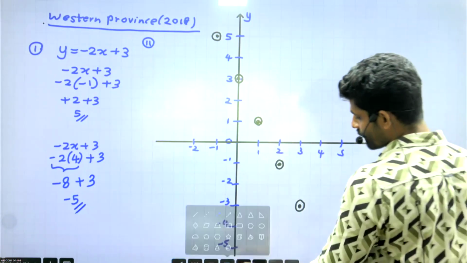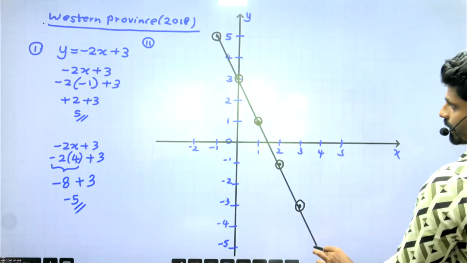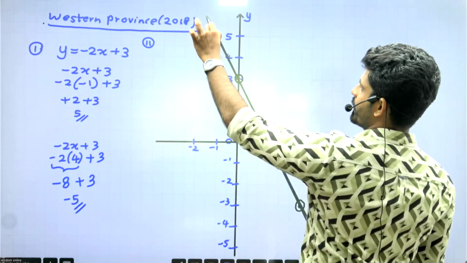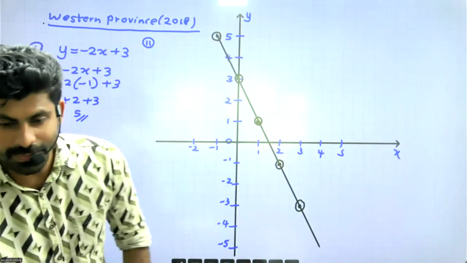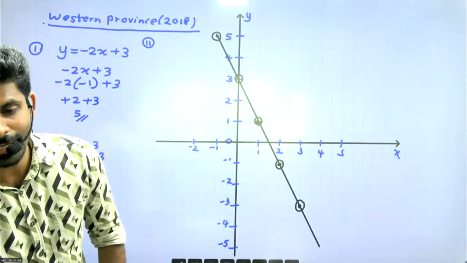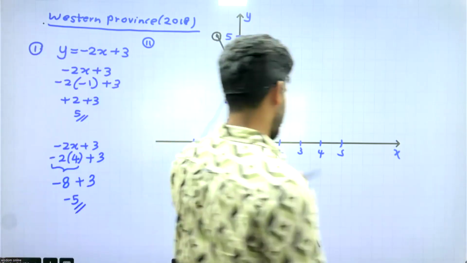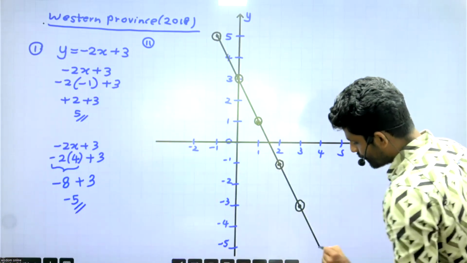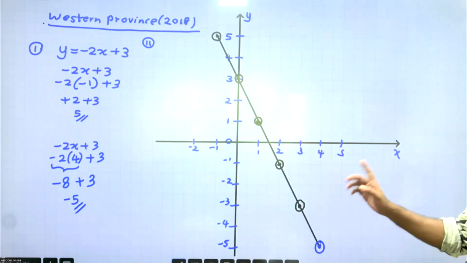Now we can draw the graph. You can mark the next point as well. Yes, this is the graph. Then what is the last point? 4 to minus 5. 4 to minus 5, you saw. So we can draw the graph. This is the graph.